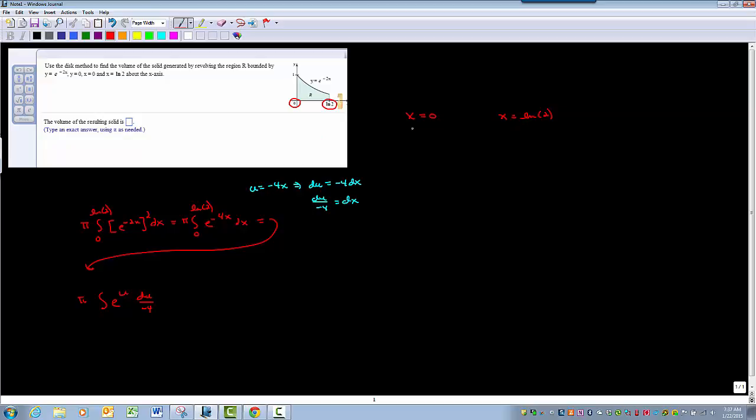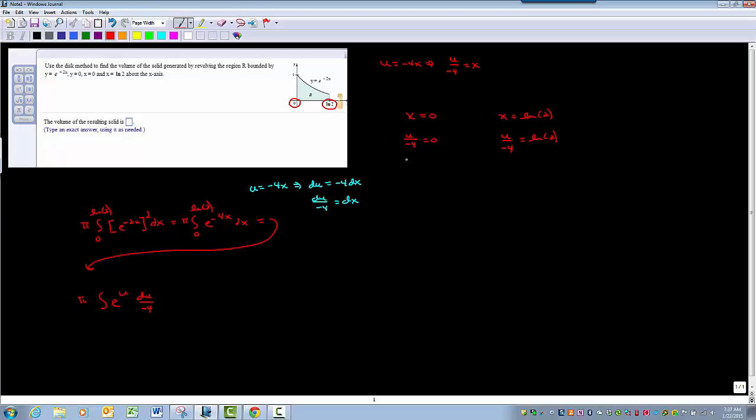So if x was 0 and this relationship existed, then what is u? Just real quick here, if u was equal to negative 4x, that implies that u over negative 4 is equal to x, right? So I can replace both of these with u over negative 4. Look at that.